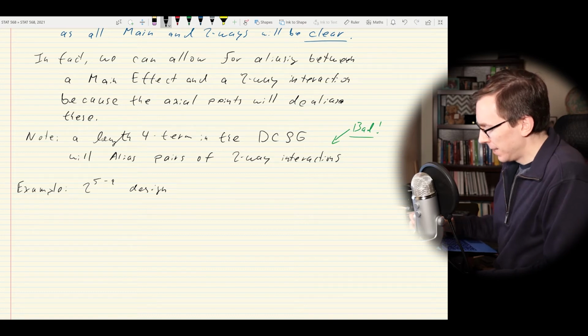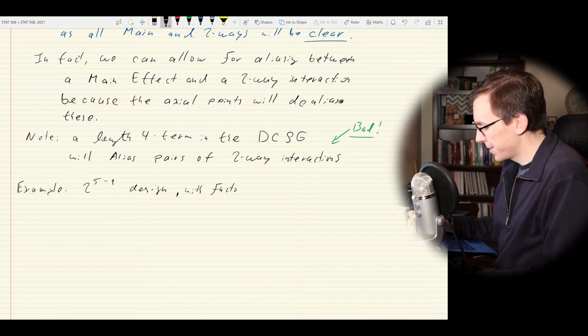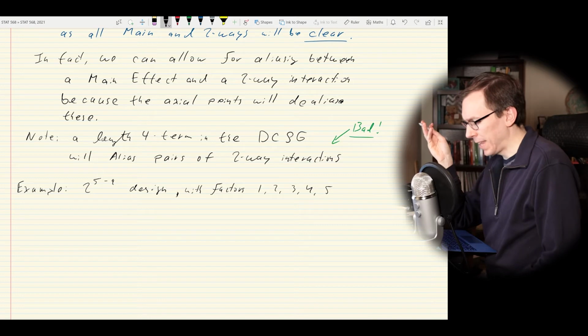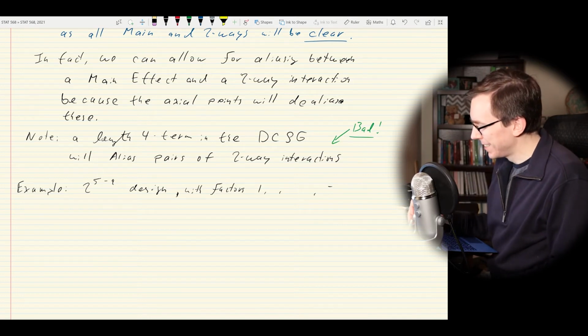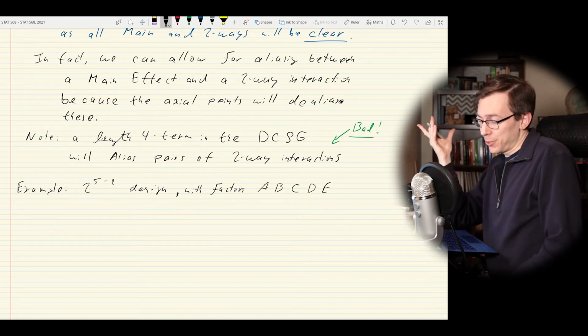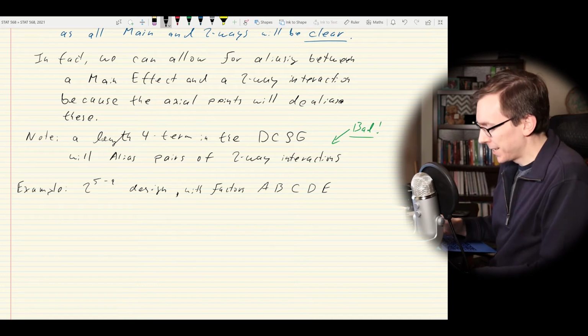So let's say with factors 1, 2, 3, 4, and 5, just to give me something to work with here. Actually, maybe I'll do A, B, C, D, and E, just because I like the letters better. All right, so what can we try to put into our defining contrast subgroup?